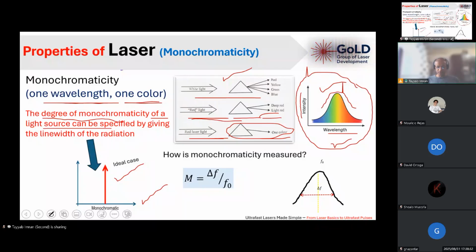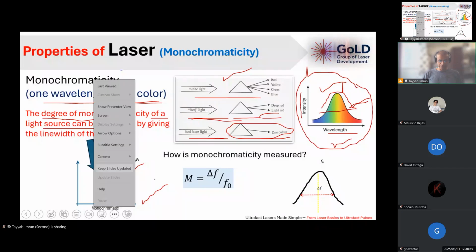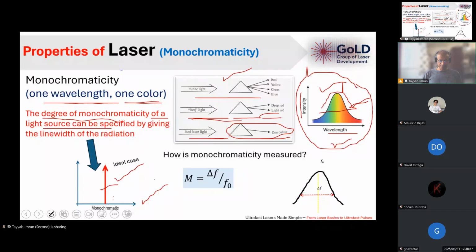So line width is a simple spectrum. Here this spectrum is broader, and this one is also a spectrum, but the ideal case, because it has only one wavelength, so it's like a line.